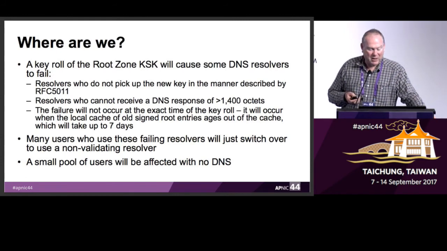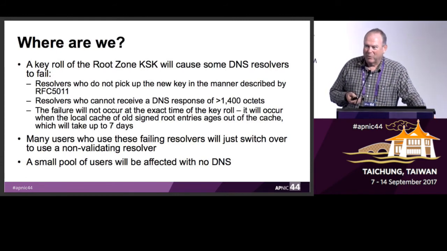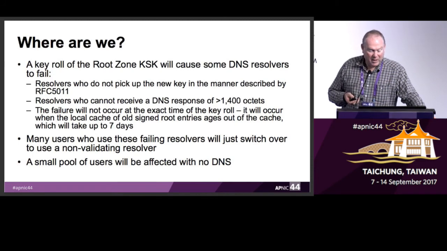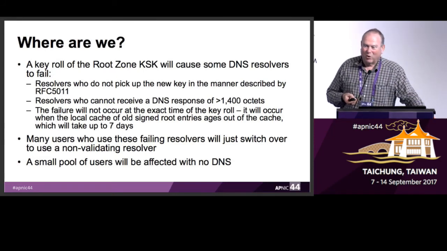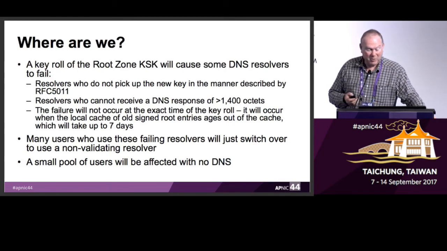So failures will start at around October 11 if there are any, and will continue for a day or two. What will users do? What they always do: go and find something that works and switch over. I'm not sure anyone will be stranded. I'm really not sure. We will find out, we will be looking. But that pool of users that will be affected with no DNS, I suspect it'll be really, really small, but we will see.